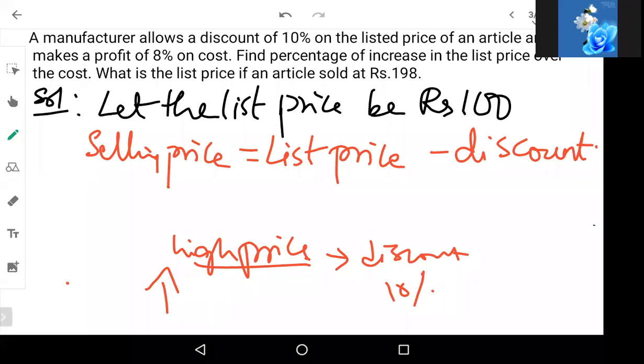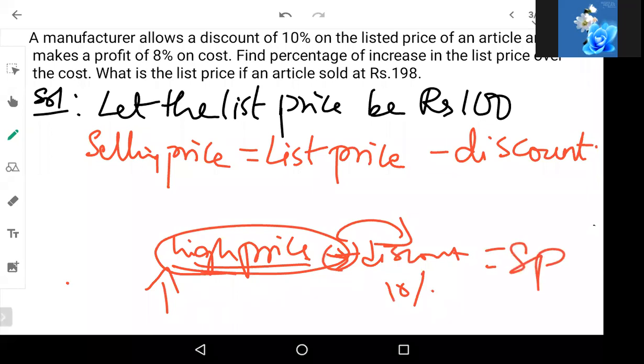So what is his actual selling price? From the high price, if you take out the discount, that will be the selling price at which the manufacturer is trying to sell the product. Did you all understand this part?